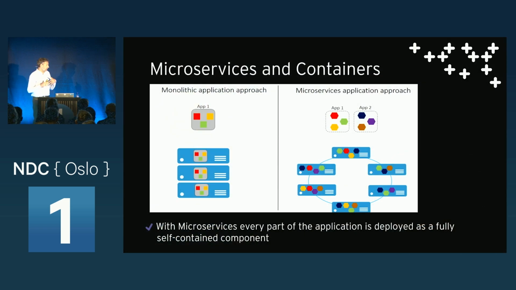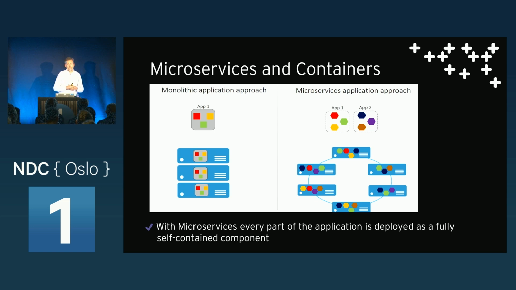So, this talk will not be about microservices per se. There's lots of talks about microservices and how they work, if you should choose to use that architecture or not. But I do want to start off talking a little bit about the fact that if you go the microservices route, splitting your system apart in smaller services, maybe using different tech stacks because they fit that particular service, containers is a really good choice for building, packaging, and deploying your microservices.